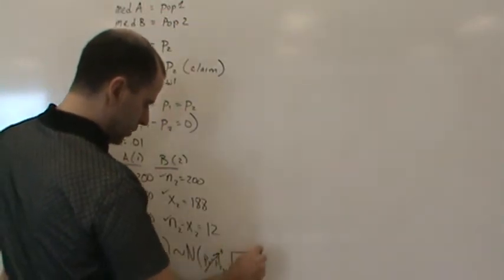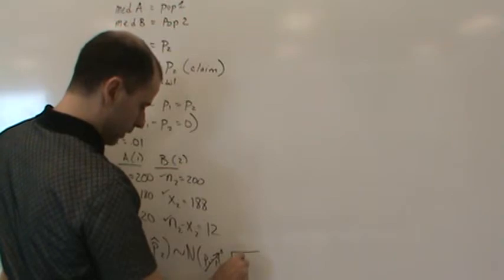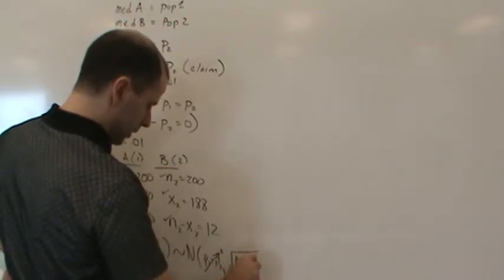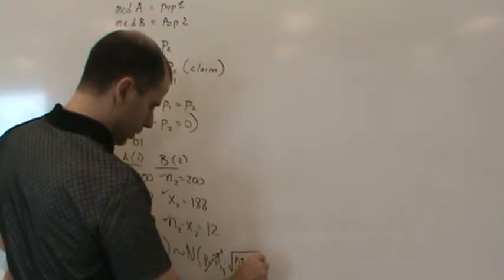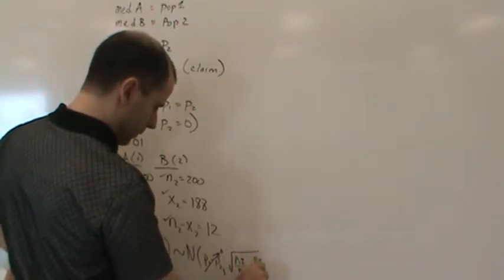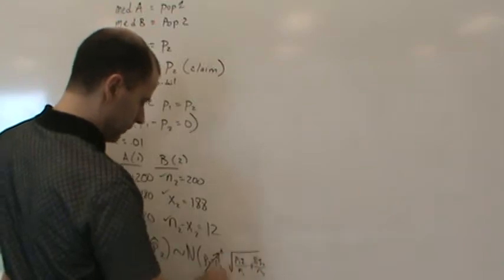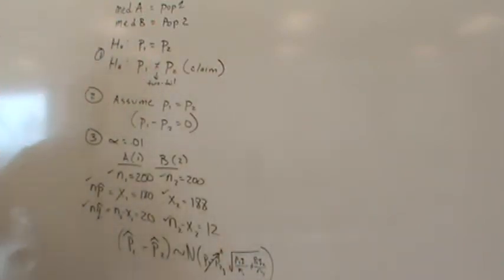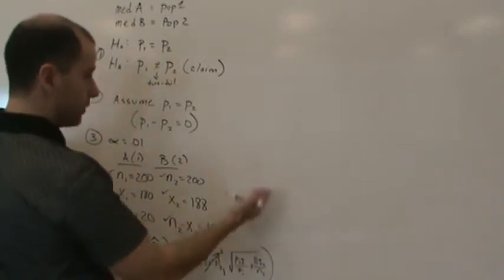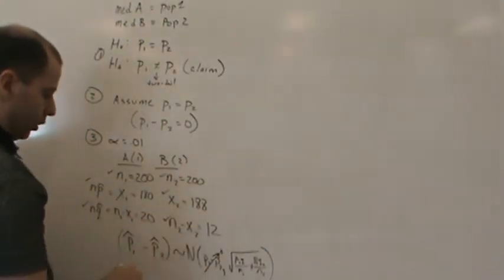And the standard deviation of this is going to be p1 q1 divided by n1 plus p2 q2 divided by n2, and then take the square root of that. And that's the parameters. So again, why do we need to know this? Because if you're going to calculate the test statistic, we need to know that.